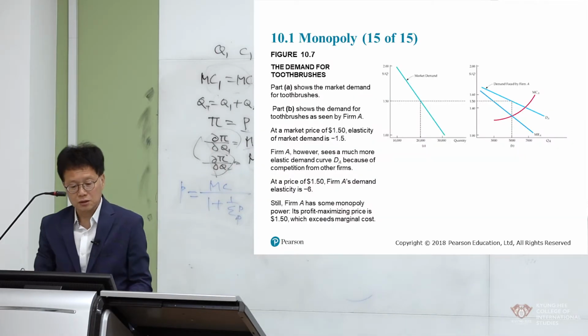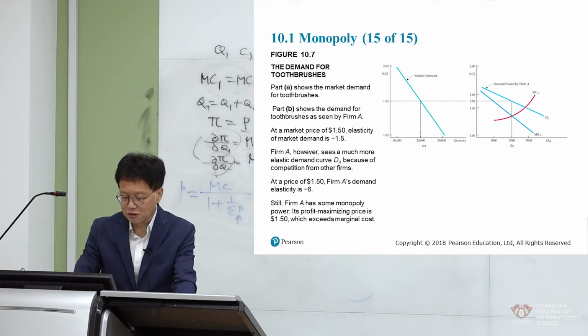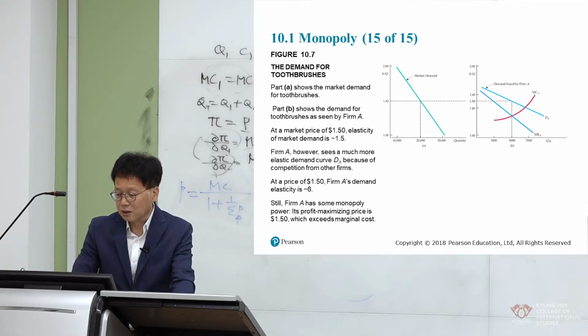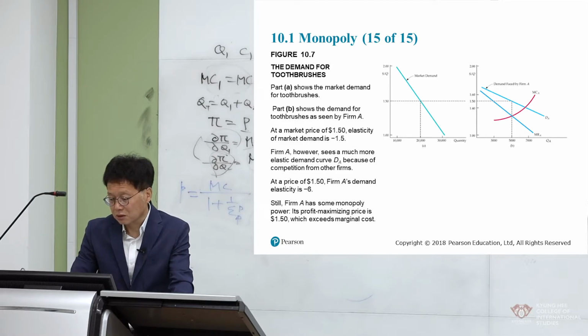So the firm's price elasticity of demand is larger than market elasticity. Still, Firm A has some monopoly power. Its profit maximizing price is $1.50, which exceeds marginal cost. So, second point, in panel B, marginal cost intersects marginal revenue at this quantity, and price is $1.50. Okay?